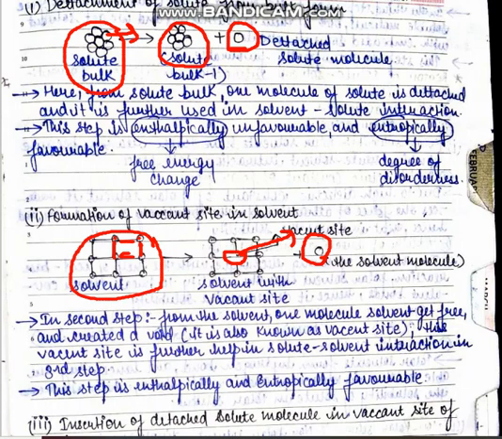In the second step, one molecule of solvent gets free and creates a void. It is called a vacant site. This vacant site is further helpful in solute-solvent interaction. This step is enthalpically and entropically both favorable.